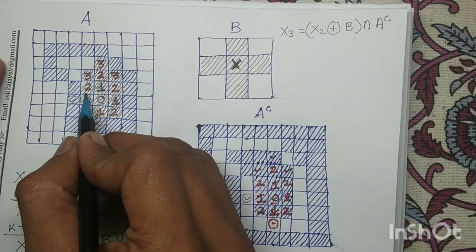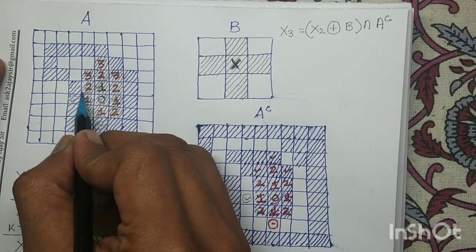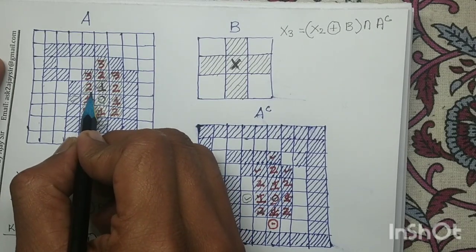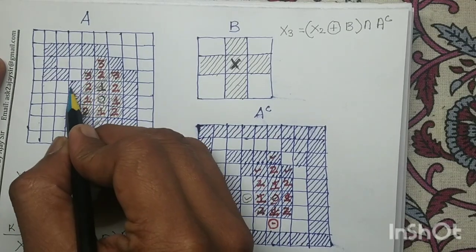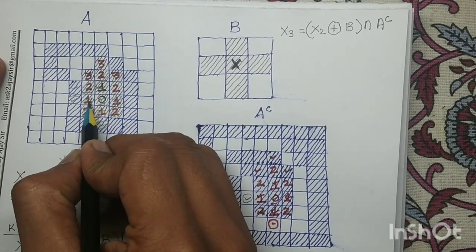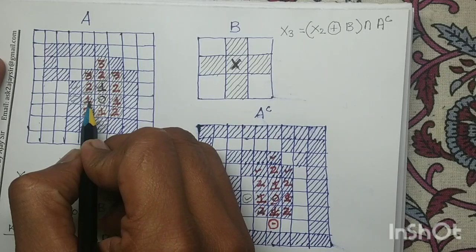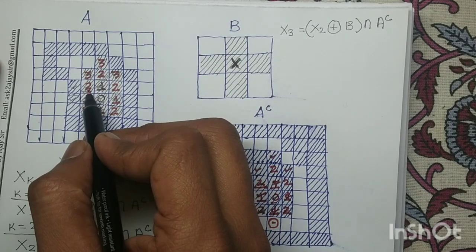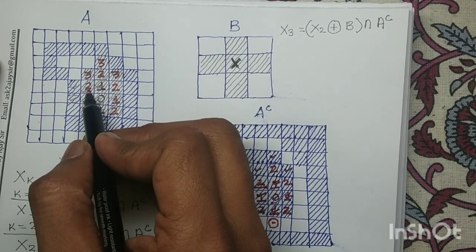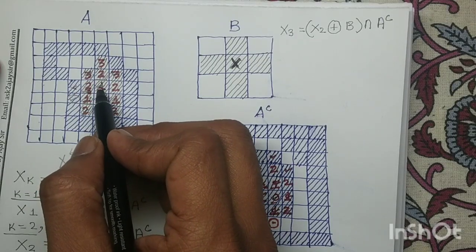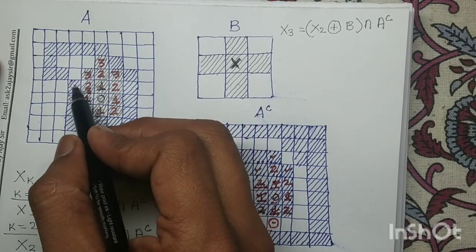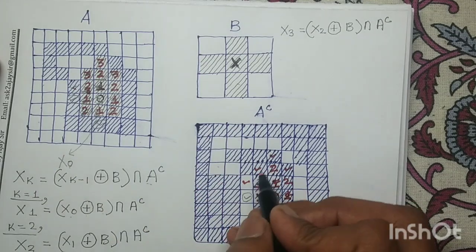Next, we will move on to seed point 2. At seed point 2, if you perform the dilation operation, this pixel, this pixel, this pixel, and this pixel will be part of my dilated output. Among these 4 points, let us consider this pixel.